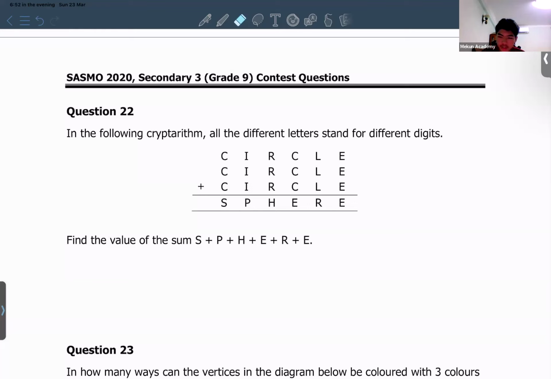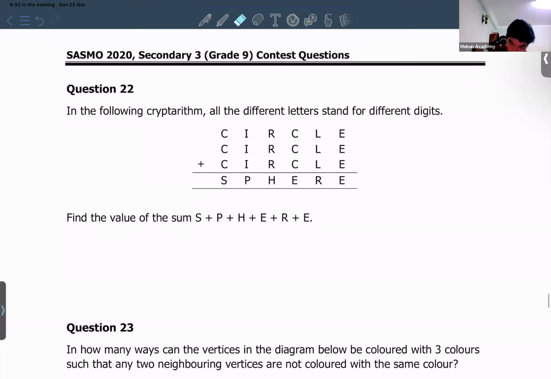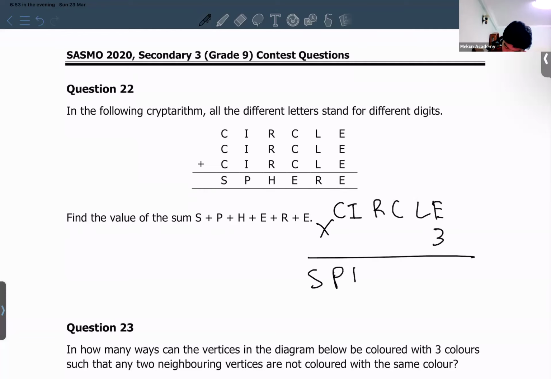Okay, so it's been 5 minutes now, so I think I can start solving this question. In this question, it's a cryptarithm. So it's circle plus circle plus circle equals to sphere, or you can just rewrite it to circle times 3 equals to sphere.